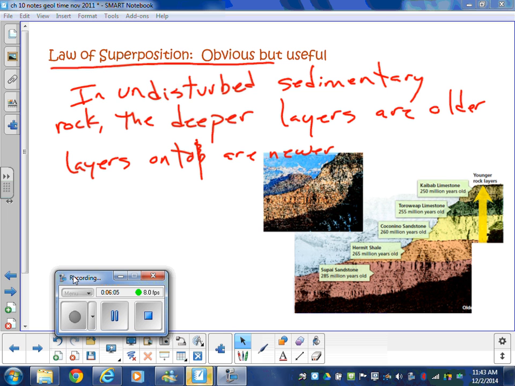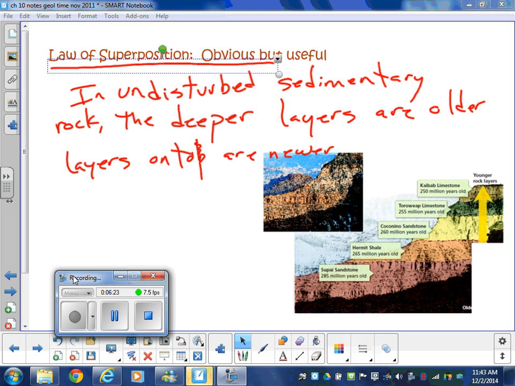So in undisturbed sedimentary rock, the deeper layers are older than the layers on top, and the layers on top are newer. Again, this is obvious, but we all have to agree on this. This is not just a hypothesis or a theory. This is a scientific law, pretty big deal.